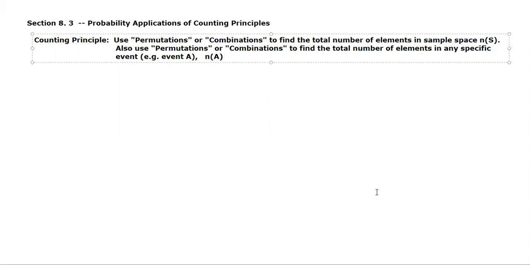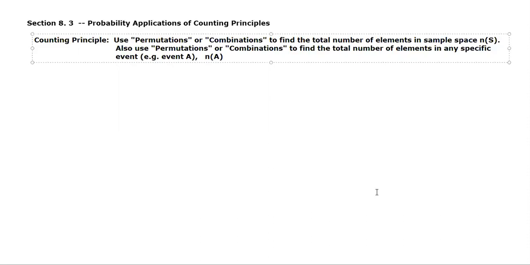The reason we talk about permutations and combinations is because in chapter 7, when we tried to find the probability of an event, we wrote out the elements in the sample space and the elements in certain events.